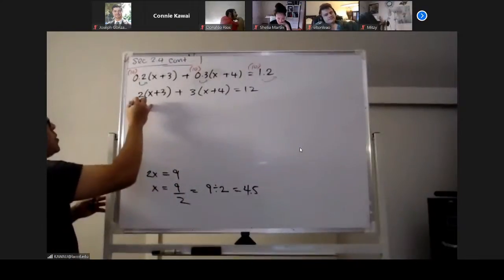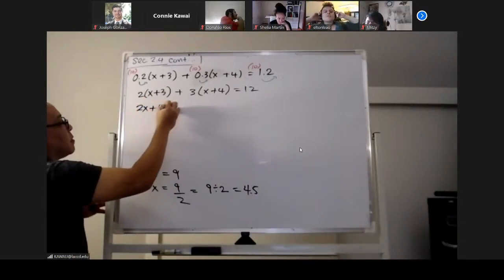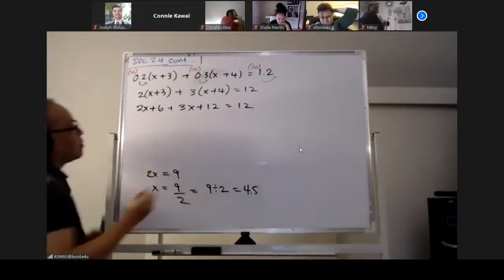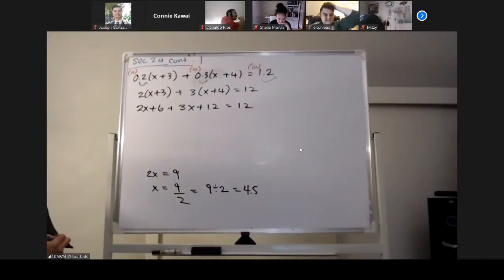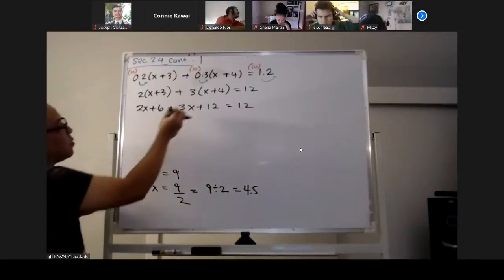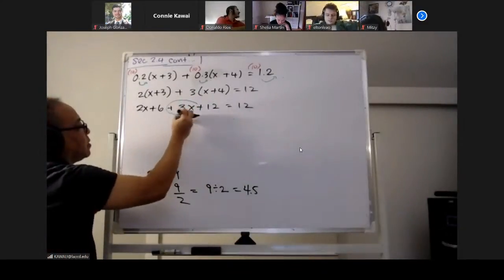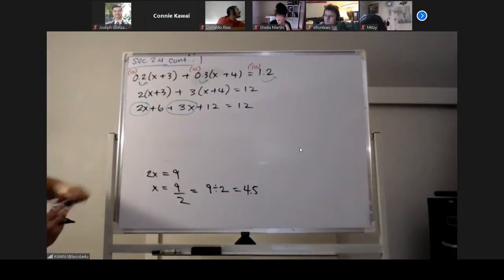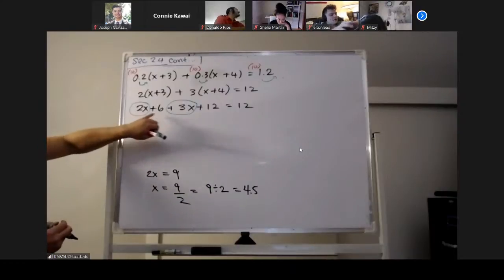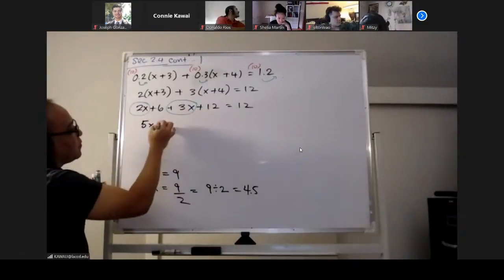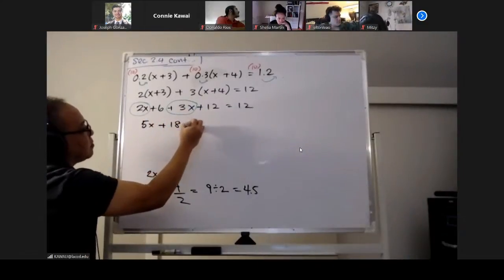And then I'm going to distribute. And then I'm going to combine like terms. So remember that the sign goes with the thing on the right. Sometimes if you circle like that, you sort of see it better. 2x plus 3x is 5x. And 6 plus 12 is 18.